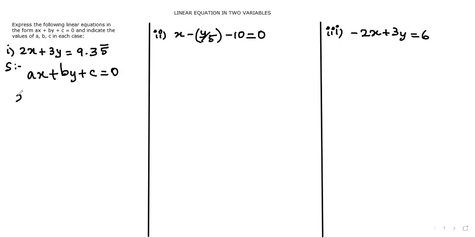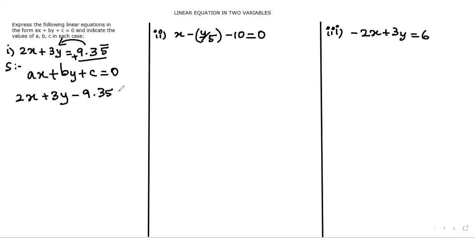So here the given question can be written as 2x plus 3y, and this 9.35 has a positive symbol, or rather nothing, so you should take it as positive. If you take it to this side, this 9.35 will become negative 9.35 bar.